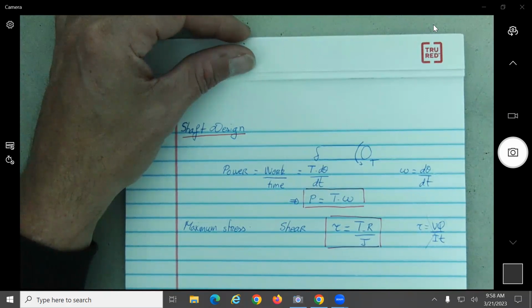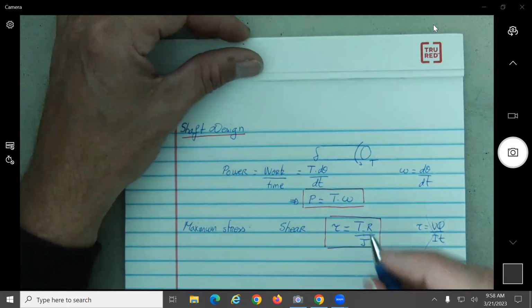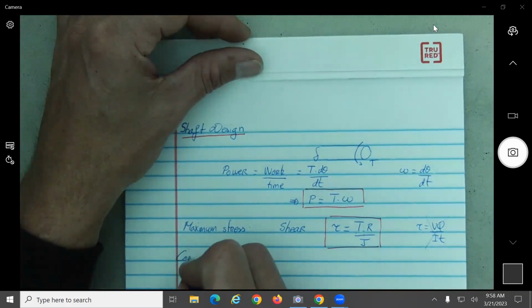So you see that both of these equations have the torque. No? Okay. So if you wanted to do the design, you can combine the two equations.